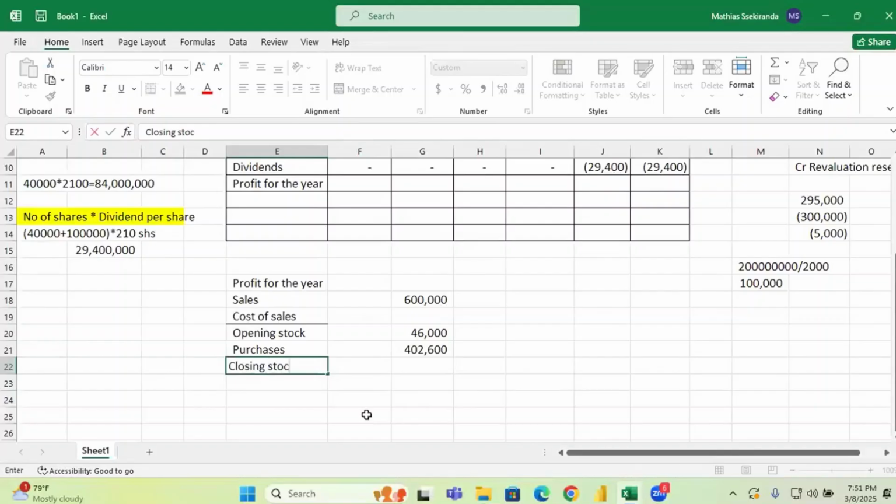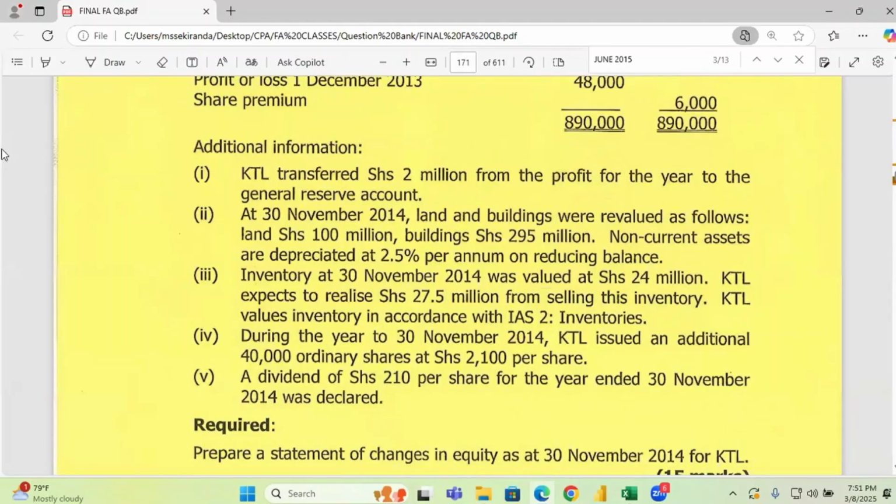Closing stock was given in note number 3, the other note I told you that we shall jump. Inventory as at 30th November 2014 was valued at 24 million, but KTL expects to sell that inventory at 27.5. So what figure are we taking? KTL uses IAS 2 Inventories. What does IAS 2 say about closing stock? Can someone remind us?